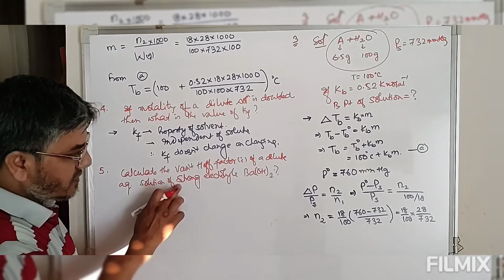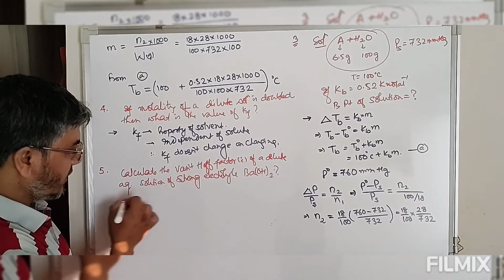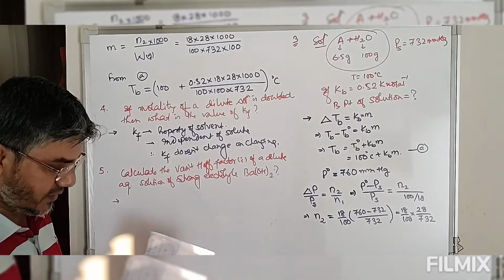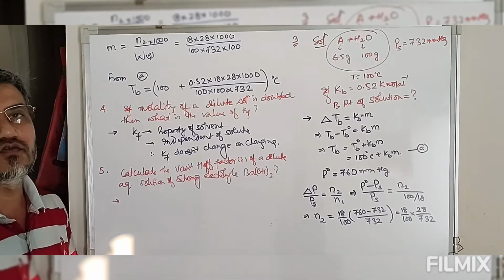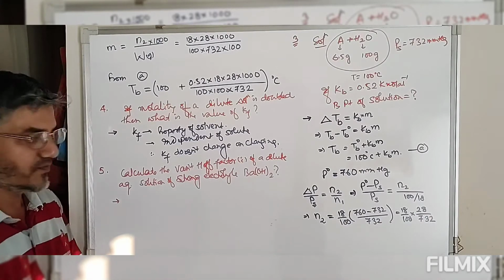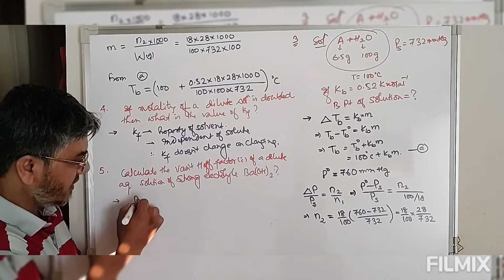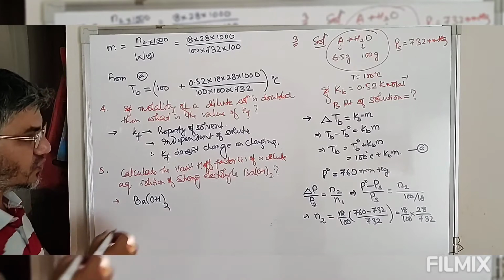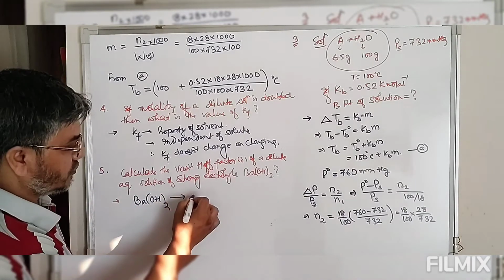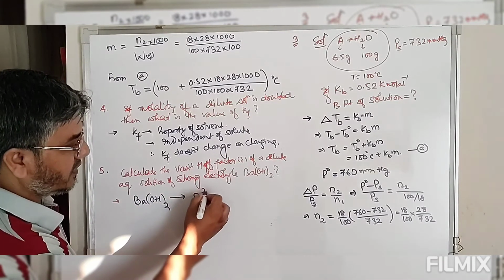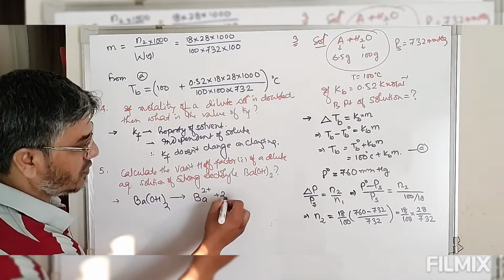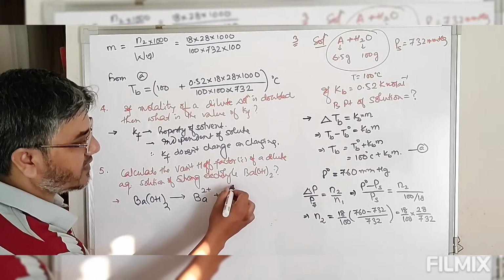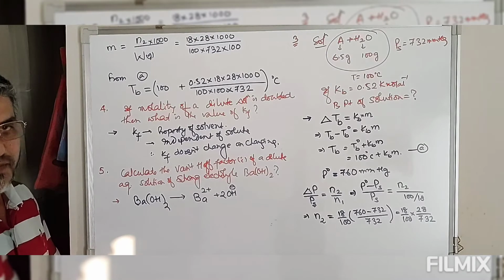Now since the question says this is a strong electrolyte, a strong electrolyte is the one which is fully ionized in solution. This barium hydroxide, being a strong electrolyte, undergoes dissociation to give you barium ion plus 2 moles of hydroxide ion in solution.